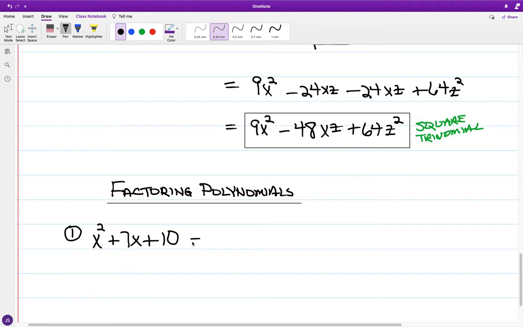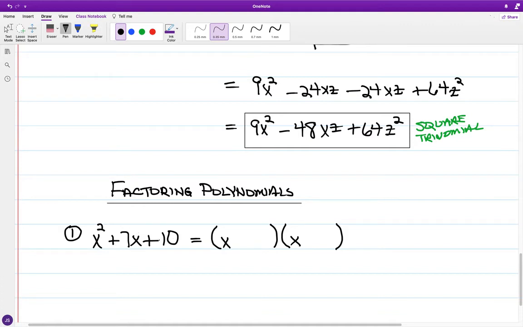and you can ask, what expressions would multiply into this particular trinomial? So from x squared, if your first term is x squared, or whatever the square of the variable is, it's just going to factor out to two terms in the same variable. Like x squared will go to x and x. And as for the 7x and the 10 part, now you're going to ask, what two numbers will multiply into 10 and at the same time add up to 7?